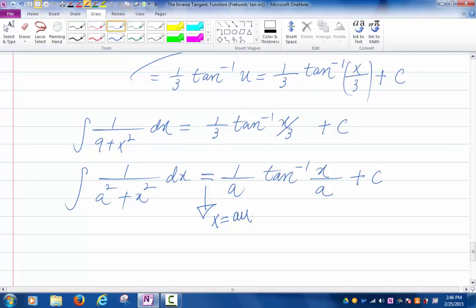Is everybody clear? So the example that we did generalizes to that. Sorry, I have to say one thing. I am assuming a is positive. Is everybody okay with that? Any questions at all?